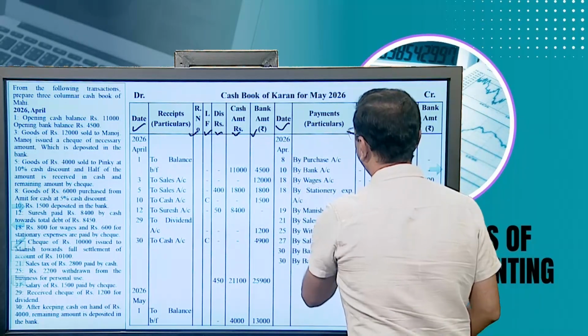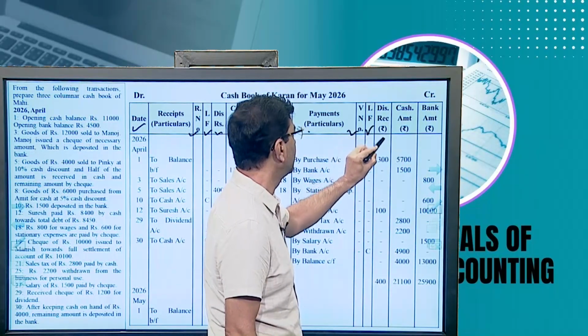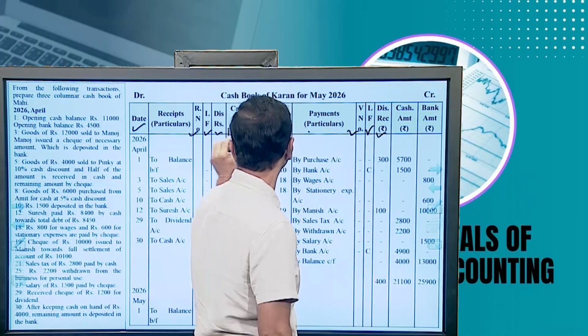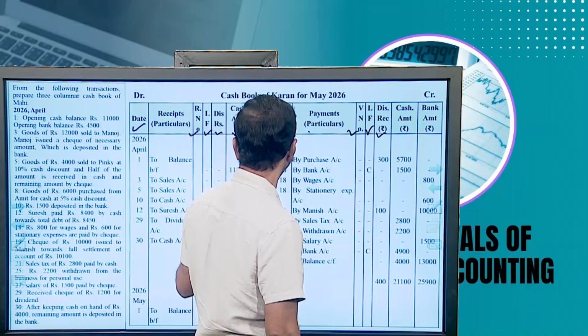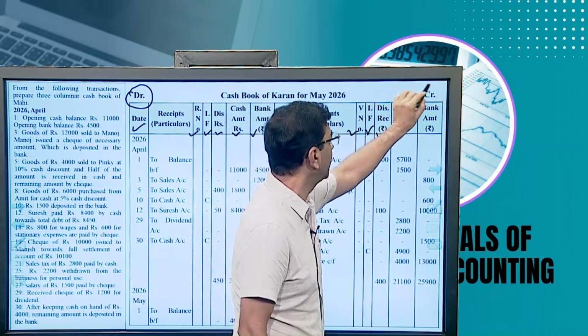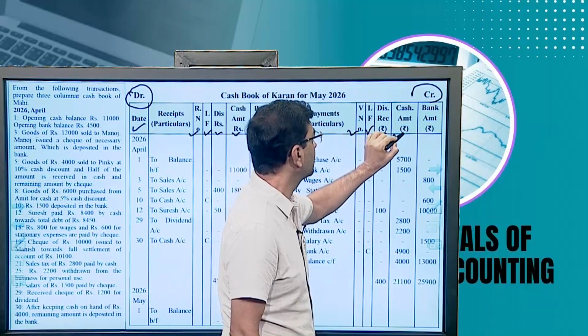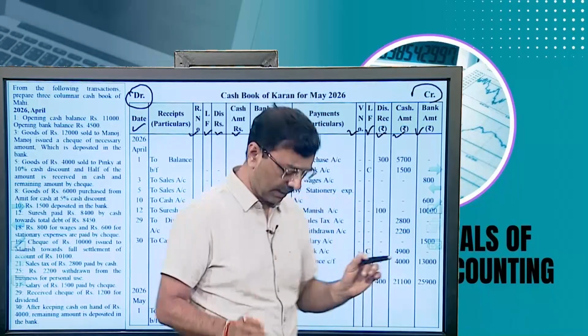On the other side, the payment side, we have particulars, voucher number, ledger folio number, and discount. This is discount allowed, which means an expense, that's why it's debit. This is discount received, that's why it's credit, it's income. Then the cash and bank columns. So this is the way the format has been prepared.